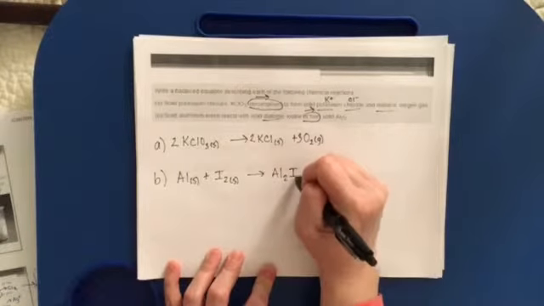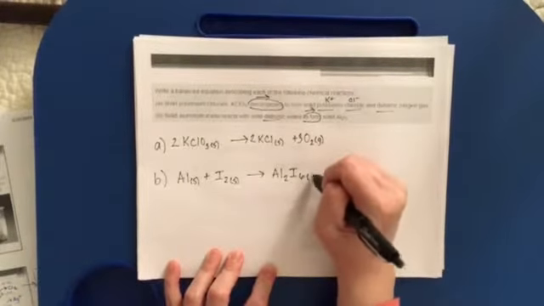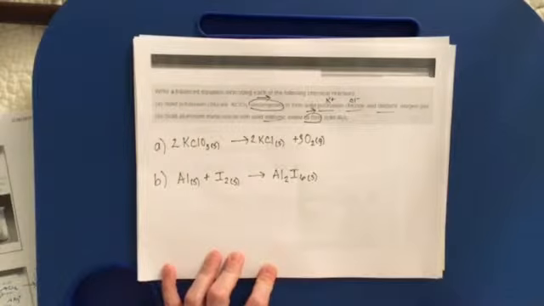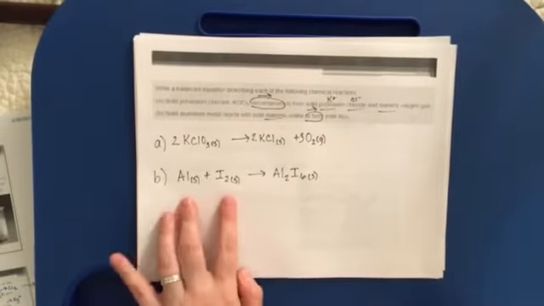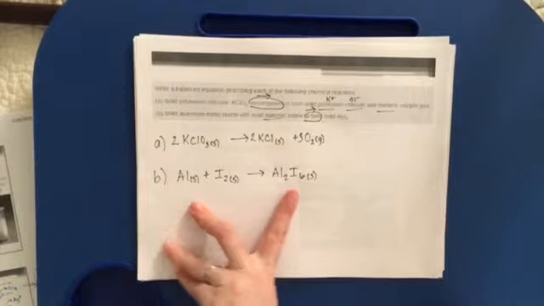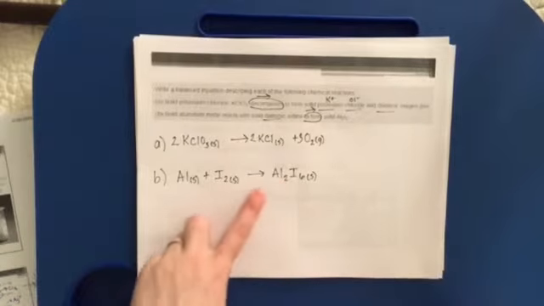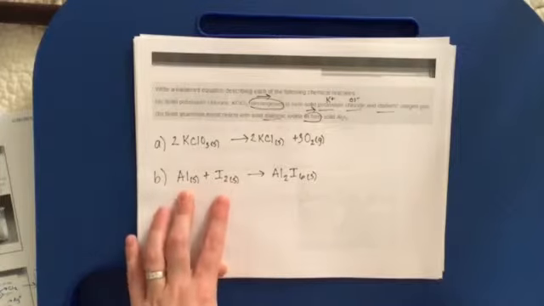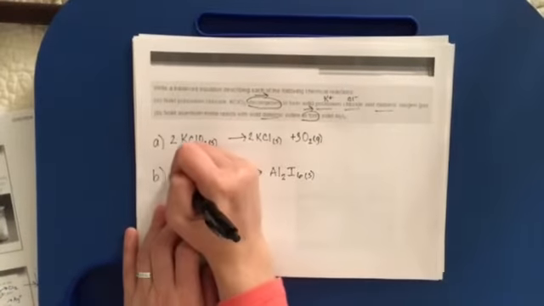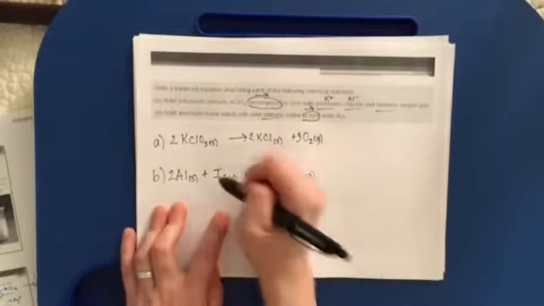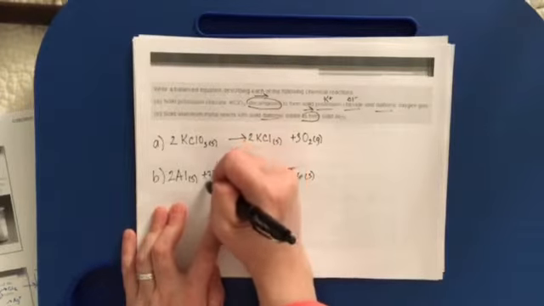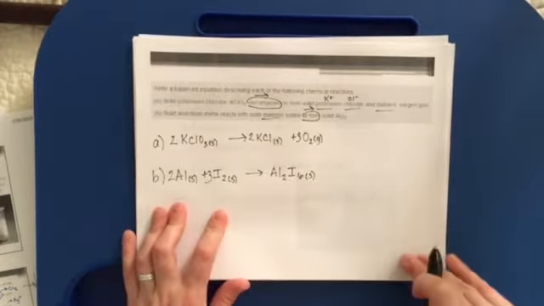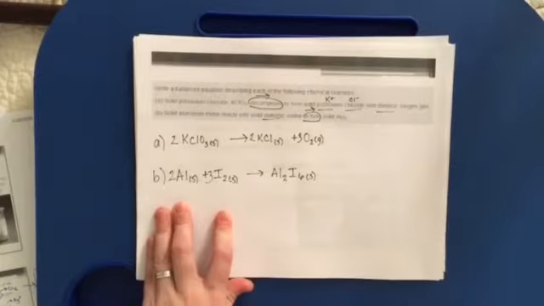Al2I6, this is a solid. And so let's see what I'm going to want to do. This is a pretty easy one because these are broken up into individual ones. So I can just look at the aluminum, put a 2 right there. I've got 6 right there, so put a 3 right there. And then everything is balanced.